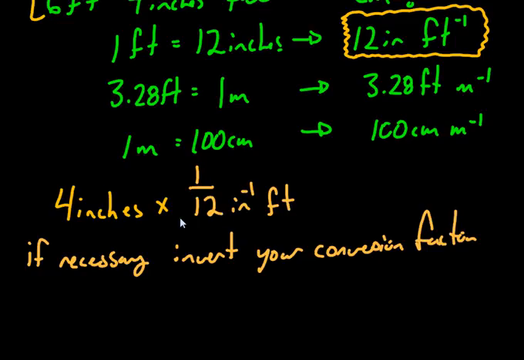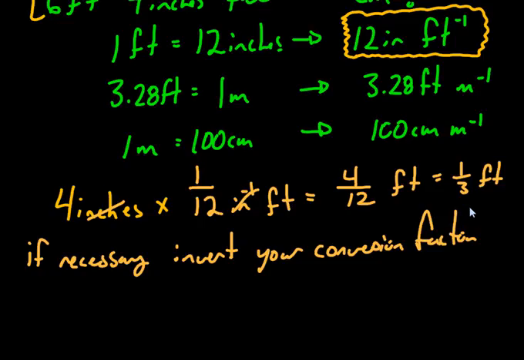Okay, that's what we're saying in words, but mathematics-wise, what we've got to do is we say, okay, so I've got 4/12, right? 4 times 1/12 is 4/12. Inches cancel off. I have 4/12 of a foot. Okay? And if I want to reduce this, that equals 1/3.